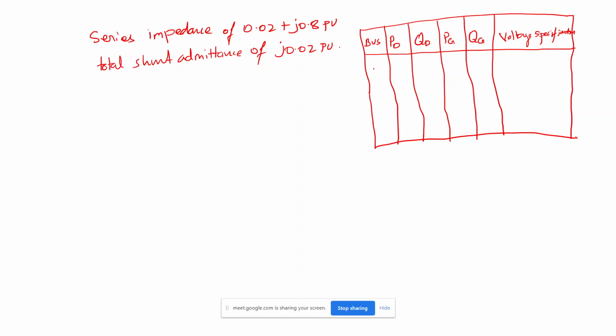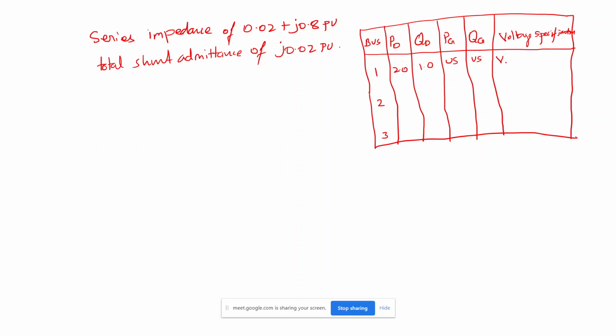I already mentioned that there are 3 buses, so bus 1, bus 2, bus 3. Here for bus 1 the real power demand is 2.0 and this is 1.0, and these are unspecified, because we know that the first bus will always be the slack bus.